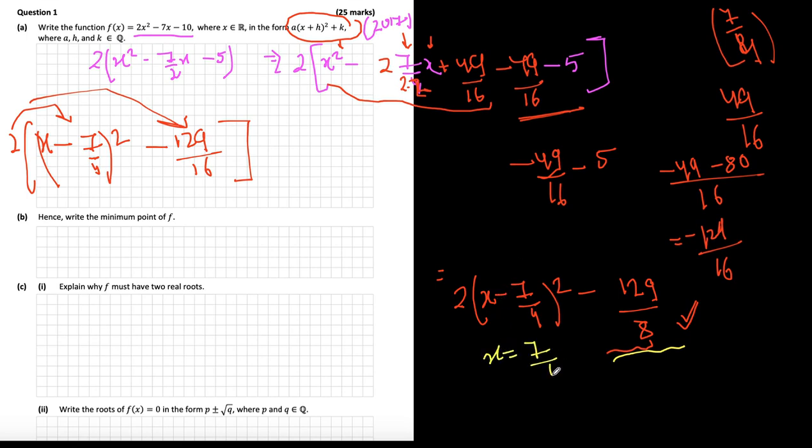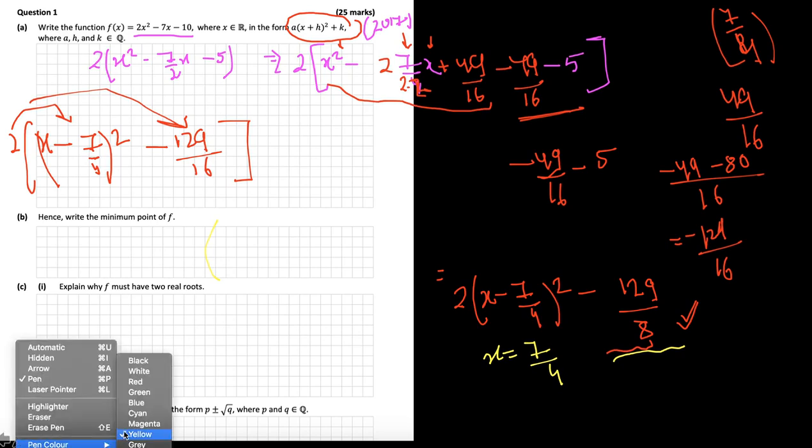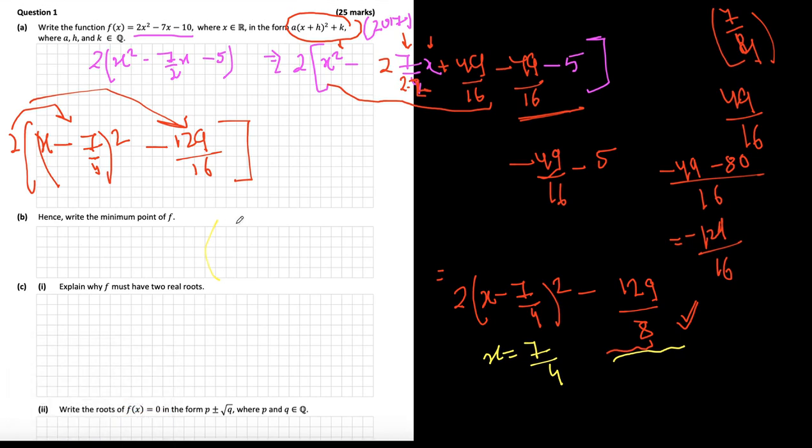So this will be your x coordinate. So the point of minimum will be 7 over 4 comma minus 129 over 8. So this will be your point of minimum.